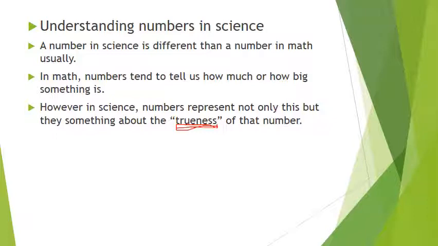When we make a measurement, there's always blurriness in our numbers. So we want the numbers that we write to have some way of representing the blurriness of our measurement. We're going to look at a number and go, oh, I can tell how blurry my measurement is.